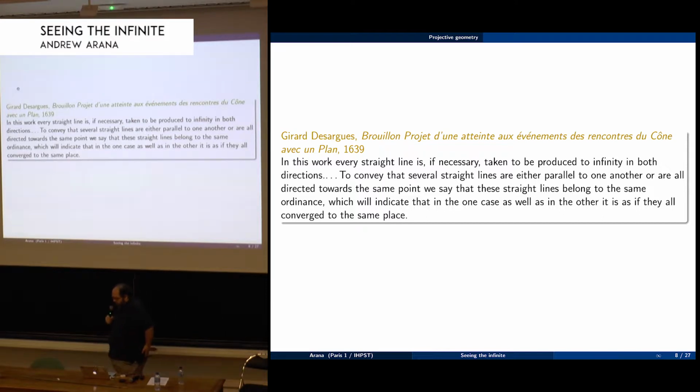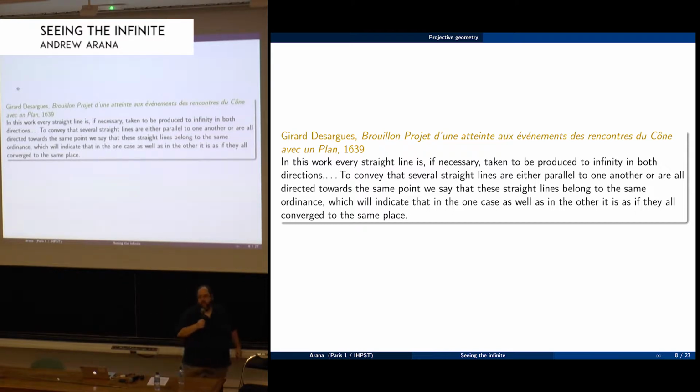He tells us that in this work, every straight line is, if necessary, produced to infinity in both directions, and to convey that several straight lines are either parallel to one another or are all directed toward the same point, we say that these straight lines belong to the same coordinates, which will indicate that in the one case as well as in the other, it is as if they all converged to the same place.